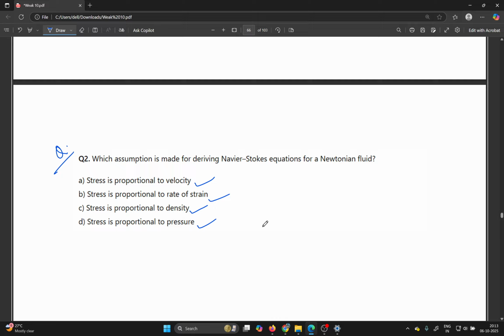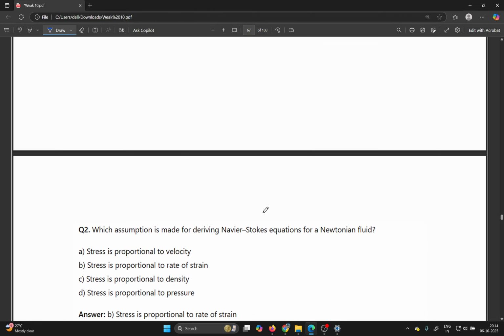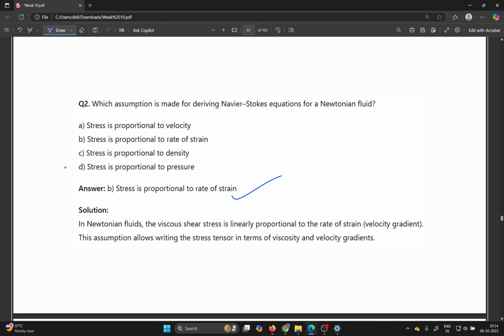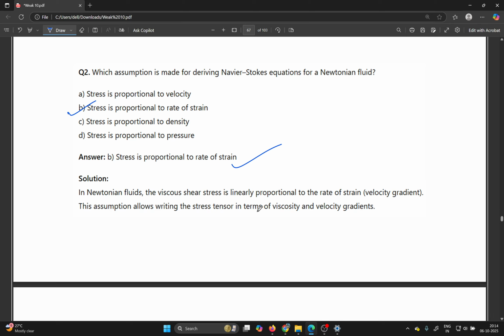So your final answer will be that stress is proportional to the rate of strain. Option B will be correct here. Okay, anyway, I'll upload the PDF so you can go one by one.